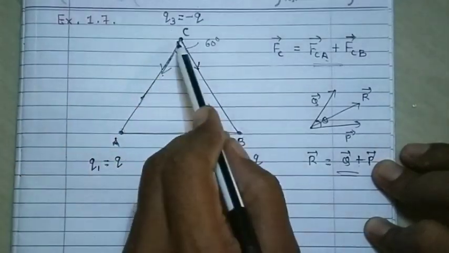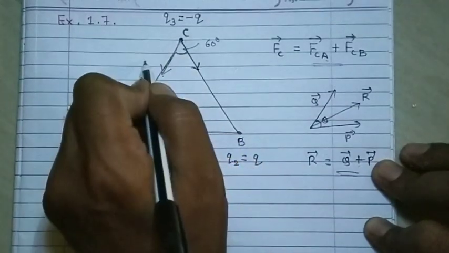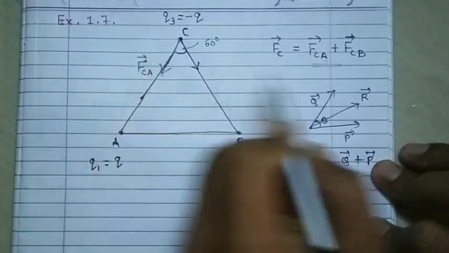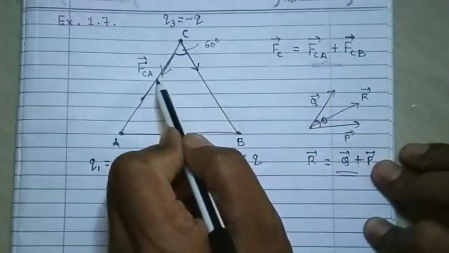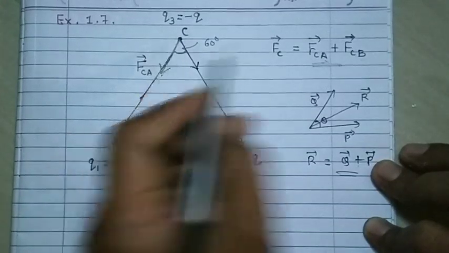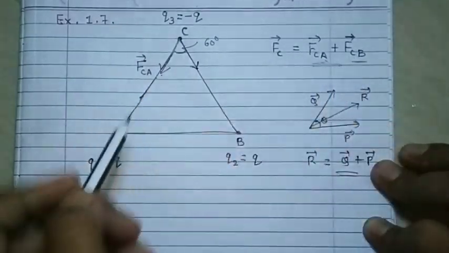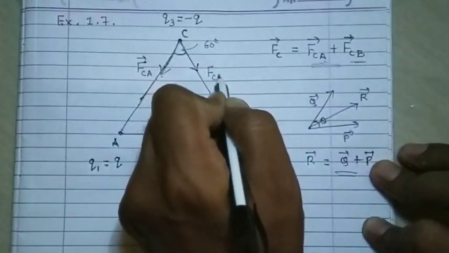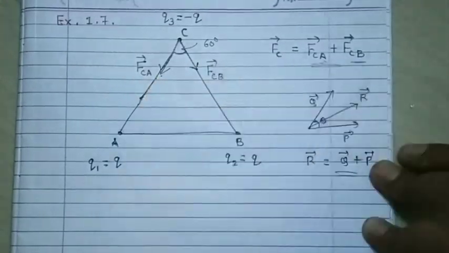So the two forces: this is nothing but the force on C by A. See, I have written this C by A, so this is the force in the figure. Similarly, the force on C by B is this, so I will write here also force on C by B.